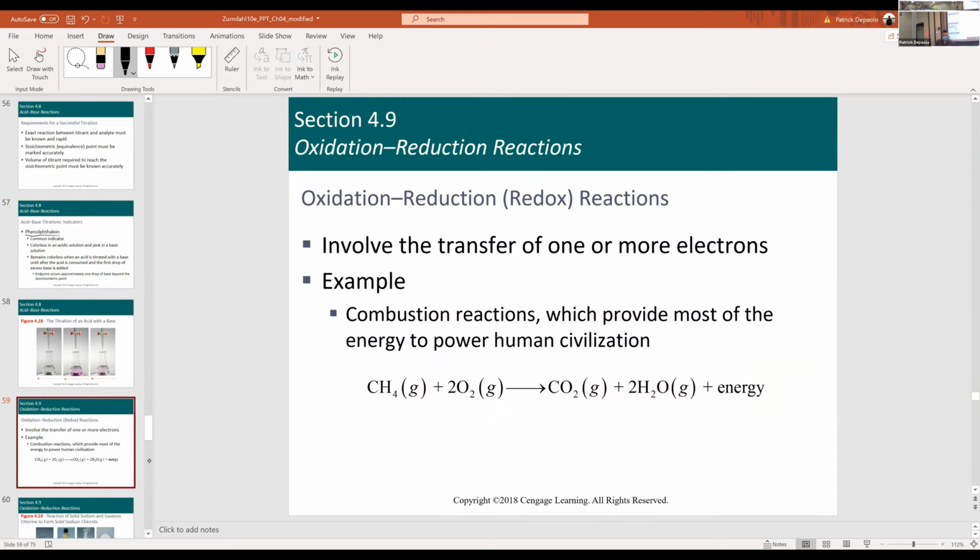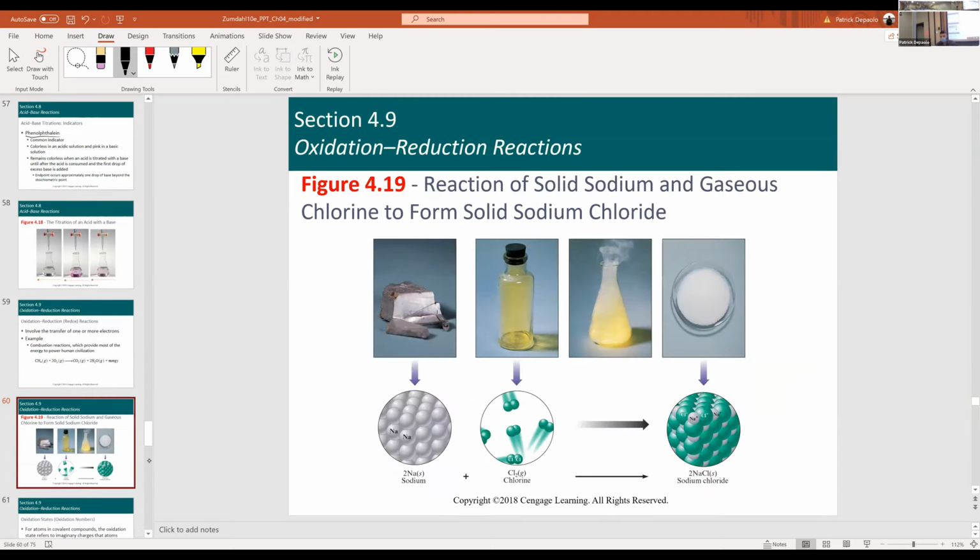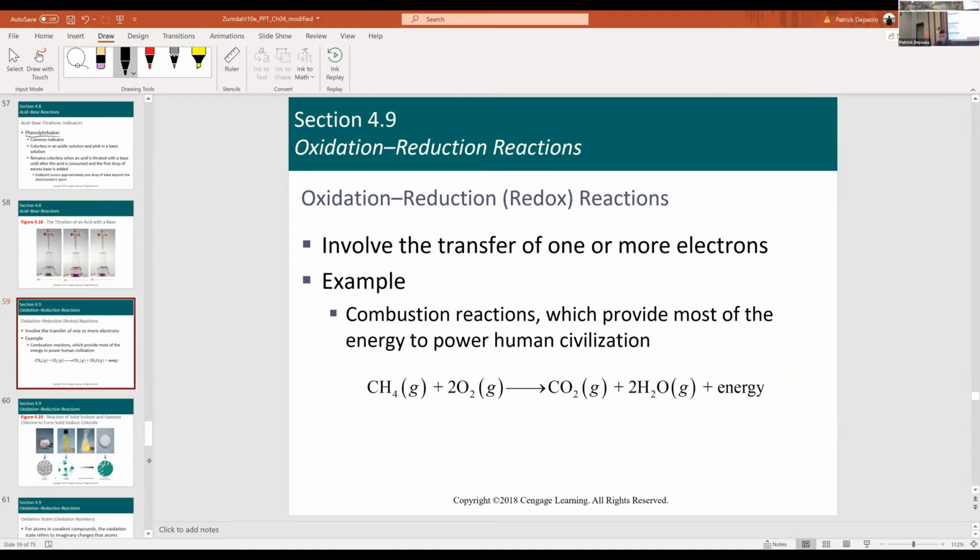Okay. Redox. Oxidation reduction is a different type of reaction, and it involves the transfer of electrons from one substance to another within the same chemical reaction. There are many examples of this.